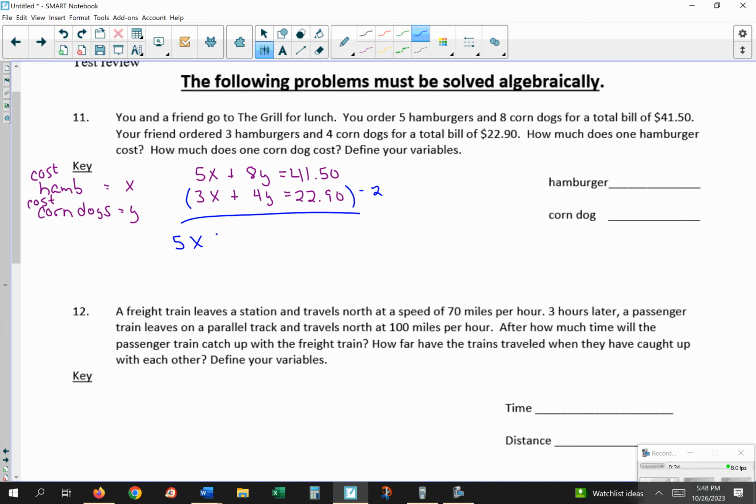So we have 5x plus 8y equal to 41.50, and then we bring down our other equation. Oh, sorry, just getting ahead of myself there. So I brought down the first equation. Second equation, I need to multiply through by that -2.